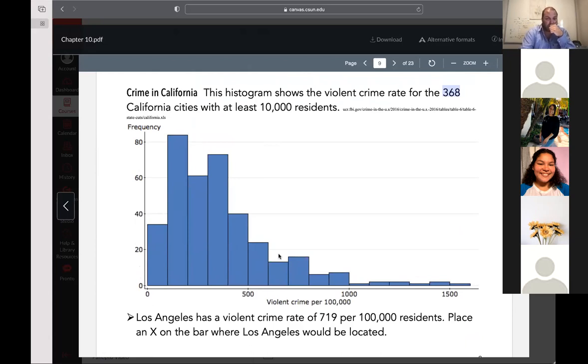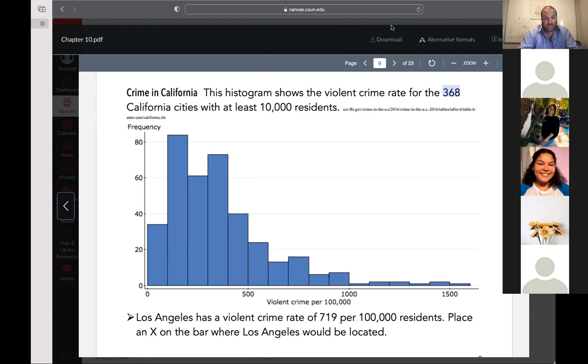Under like the 250 or 300? Right here? Well, it certainly is the thickest and the highest here, but the long tail would kind of move the balance point a little to the right, I would think. You mean like, is it skewed to the right?